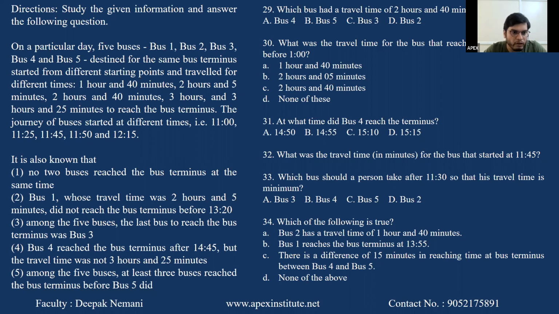So we are given 5 conditions. Now you have to determine the starting time of each bus and the time of journey, and after finding these two, we can anyway determine the reaching time. This is a question from puzzles, and also I can say that this is a question from numeric logic. Puzzles with numbers, isn't it?